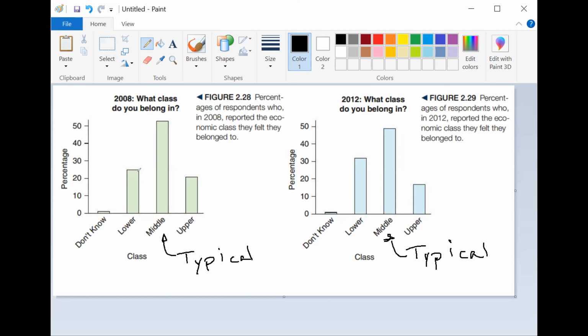You can also see that the lower class has increased and the upper class has decreased. So upper and middle are declining and lower is increasing in size, which is a worrisome trend when analyzing the welfare of people of whatever country. I think this is probably the United States, but whatever country was being studied, that's not a good sign for the future of that country, or the welfare of its people.